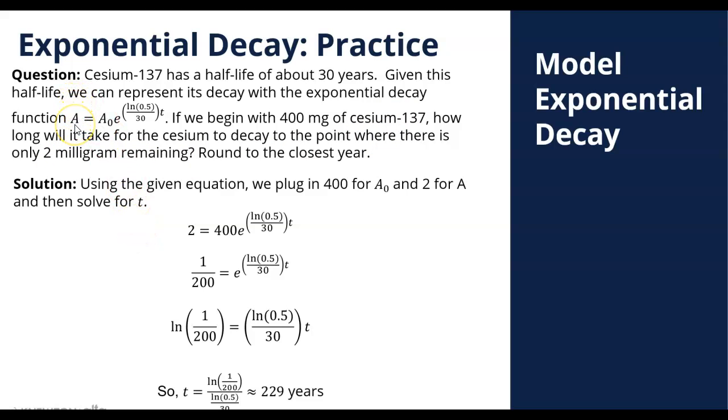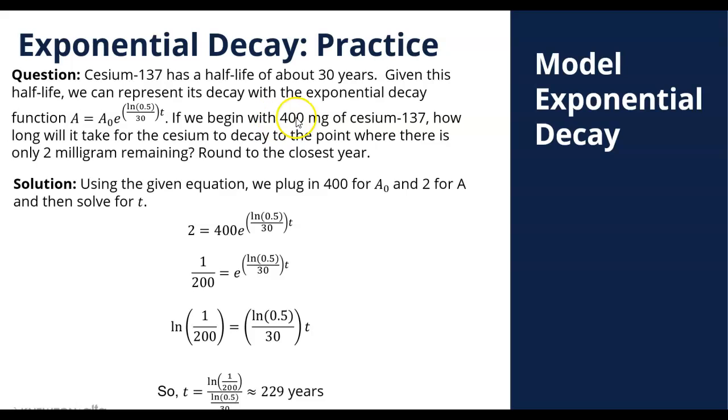Now in this problem here, we are already given this function to represent the amount of cesium-137 at any time t. Now we will use this equation to solve for the question here.